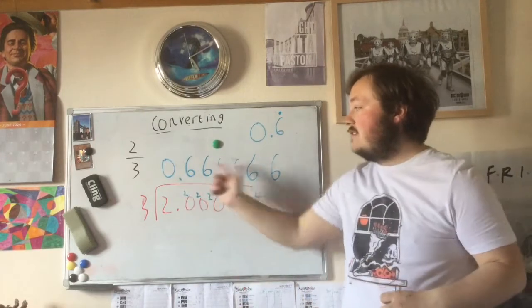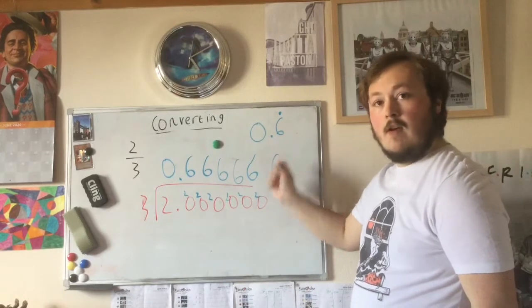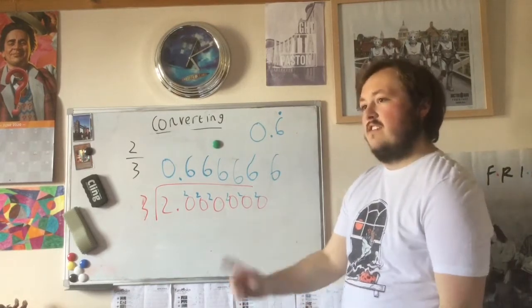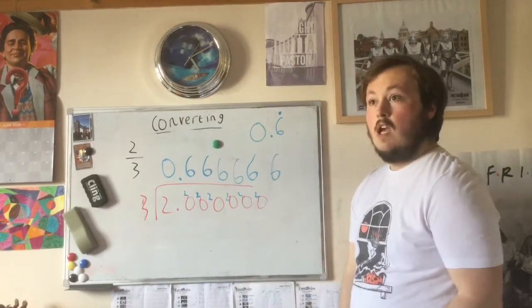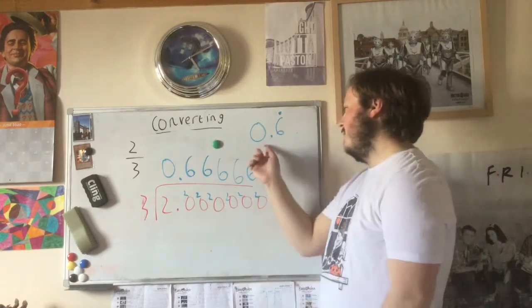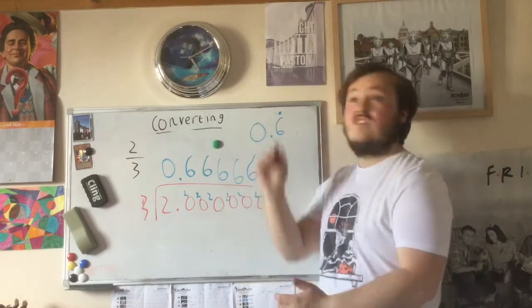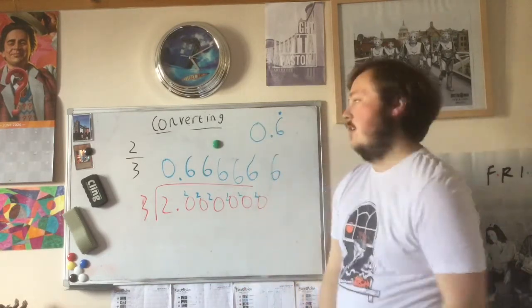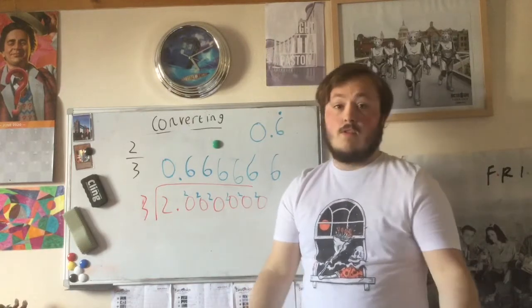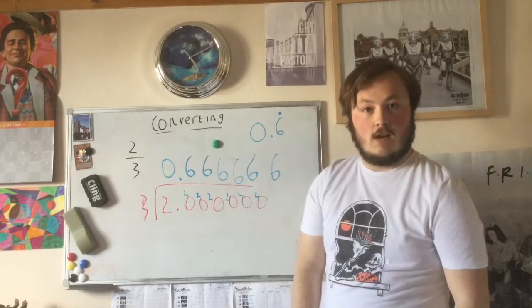Because the 6 will be appearing every time, there's no point writing 0.666 recurring, because it's just that 6 that's recurring all the time. So, 2/3 converted into a decimal is 0.6 recurring.